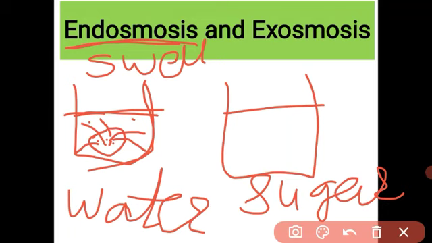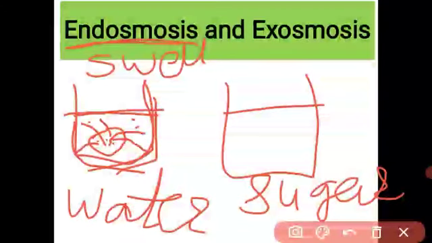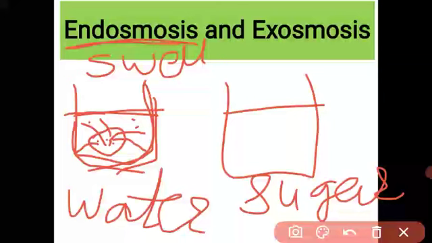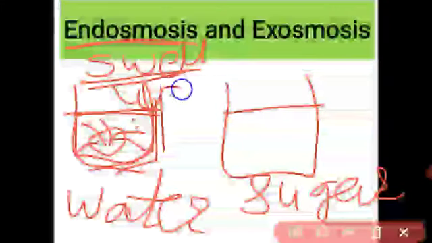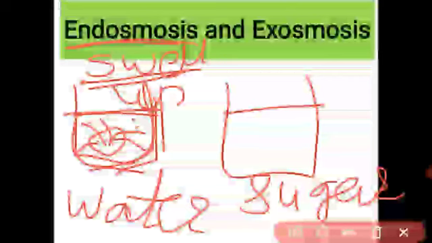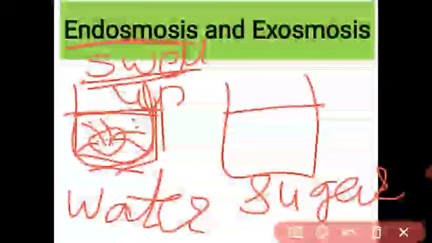Compared to the cell, the water has a high concentration of water molecules. So there is inward diffusion and the cell swells up. Got it? In the sugar solution, there is a low concentration of water.